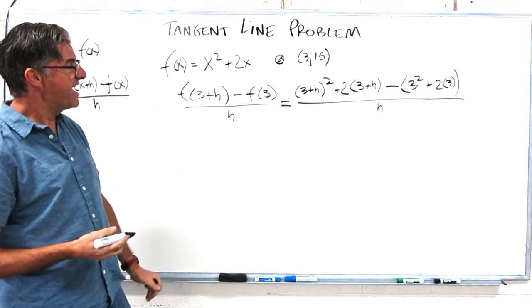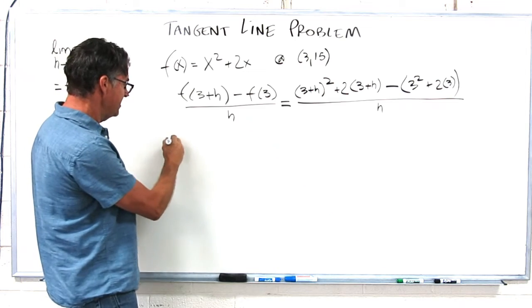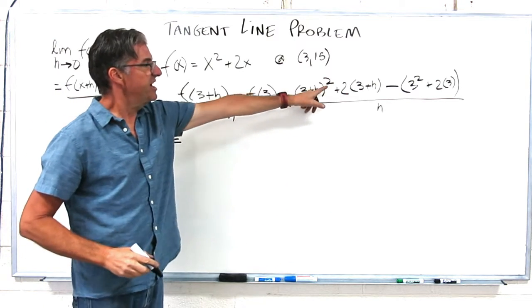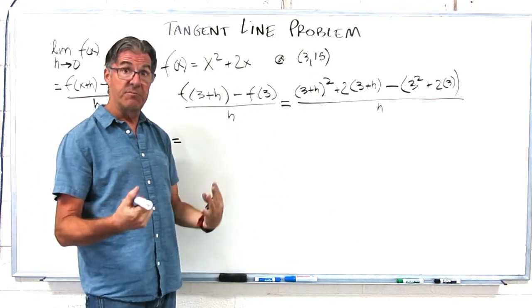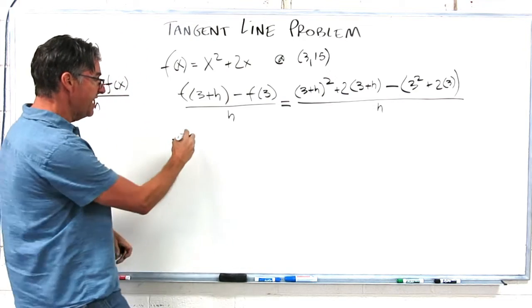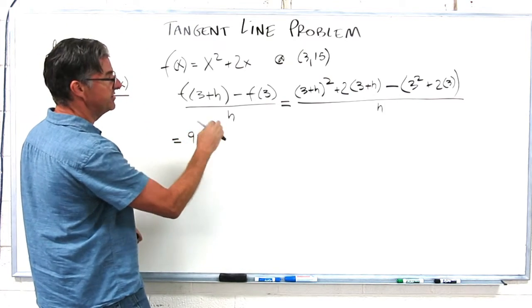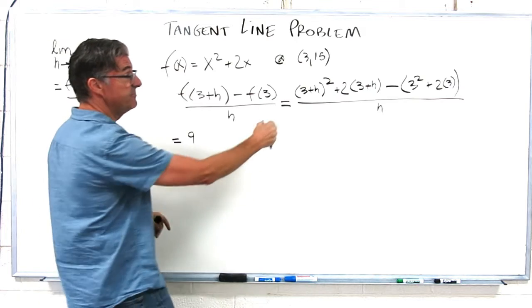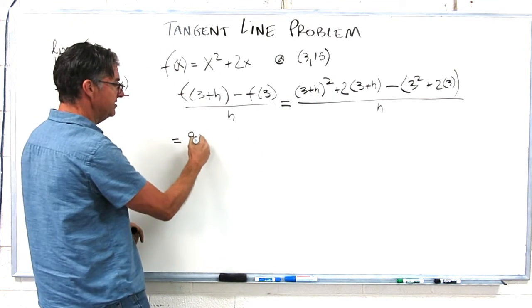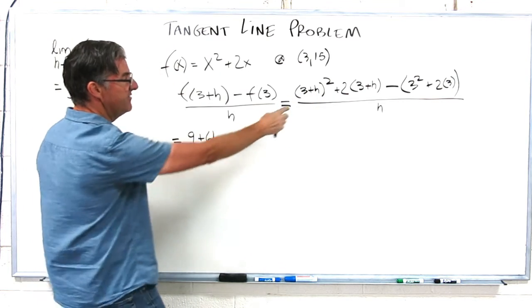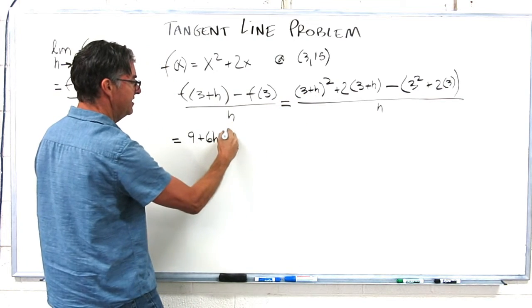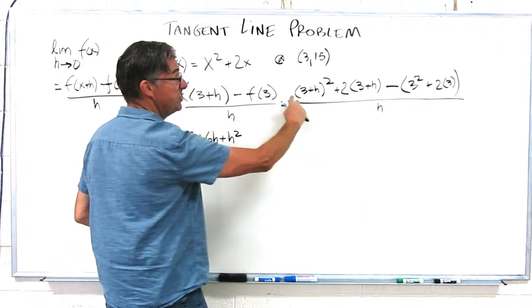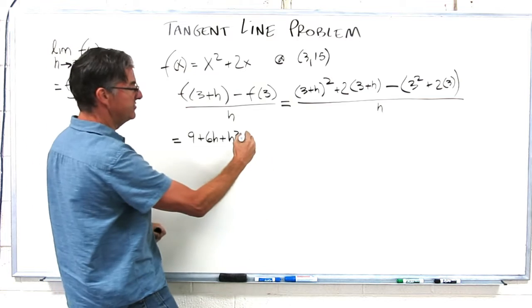All right, so let's analyze this. I'm going to bring it down here. (3 plus h) squared, this is a binomial, a familiar expansion pattern. What we're going to get from that is 9, that's the 3 squared. Our two terms in the middle are going to be 3h, so that's plus 6h, and then our end term is going to be h squared. So that's what happens when you expand that binomial. Now let's do the next one.